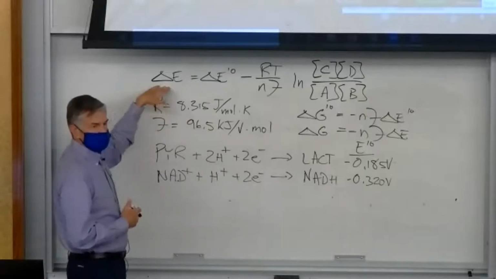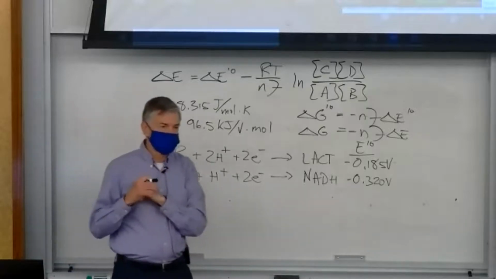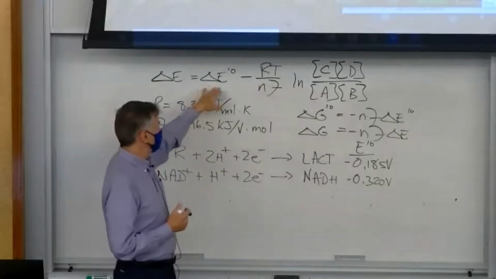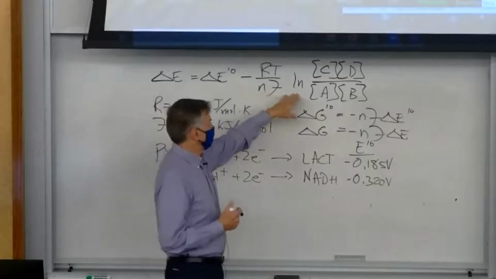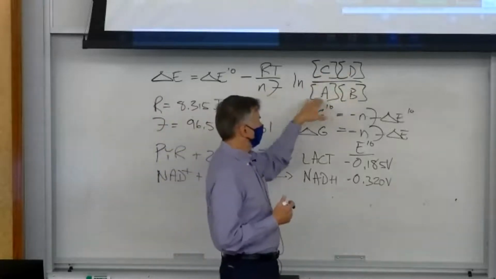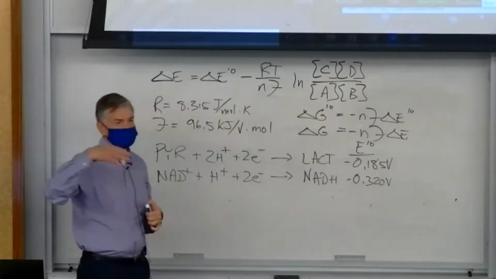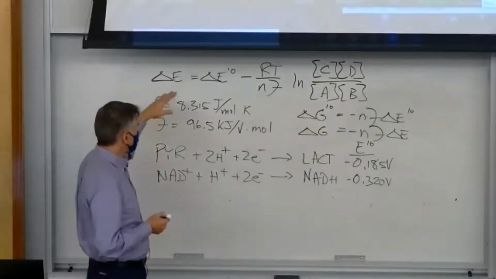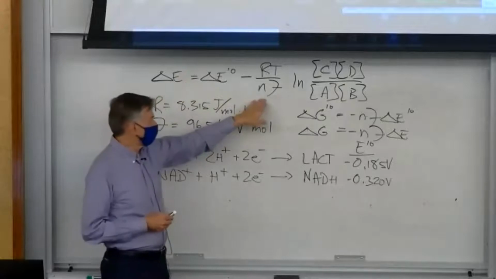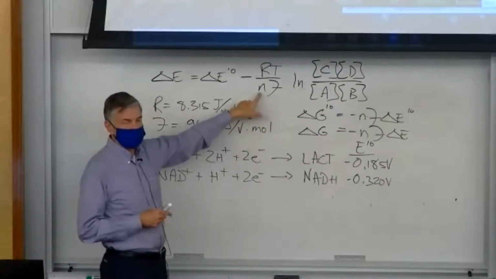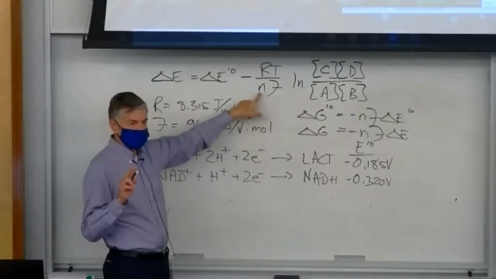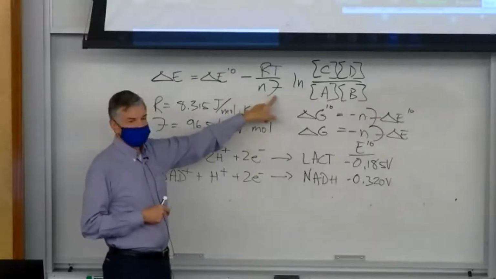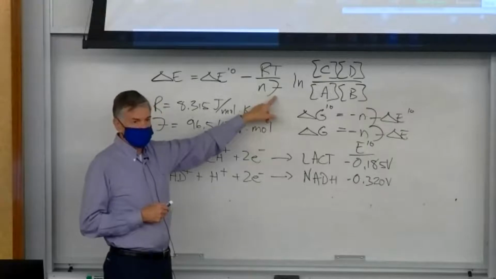This equation is similar to the one for delta G. You'll recall that we had a delta G prime 0 plus RT natural log of the ratio of products over reactants. In this case, it's a little more complicated because, again, we have n, the number of electrons being transferred in this redox reaction. We have the Faraday constant as well.